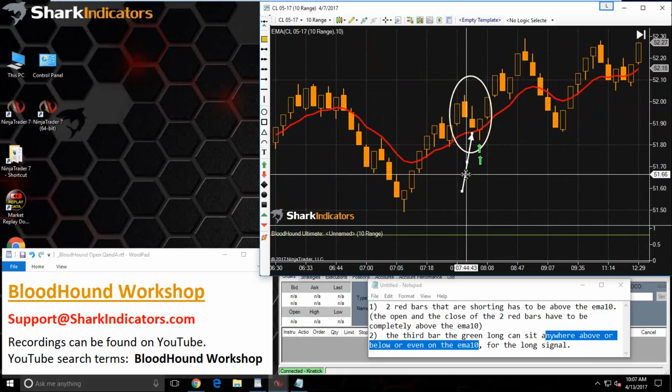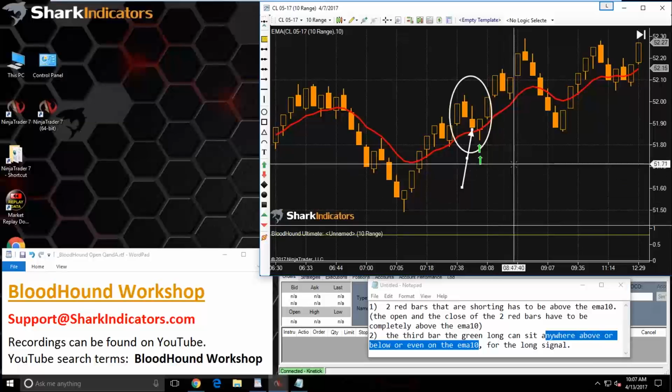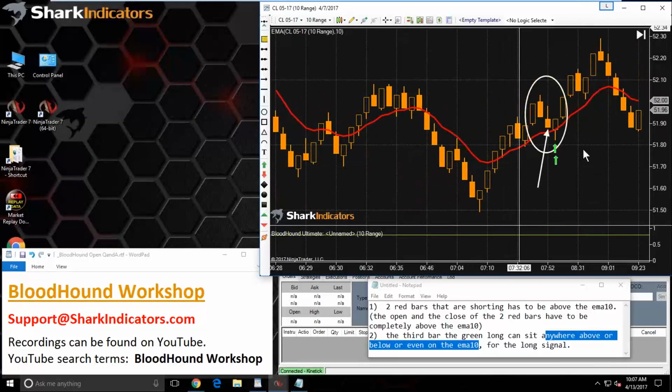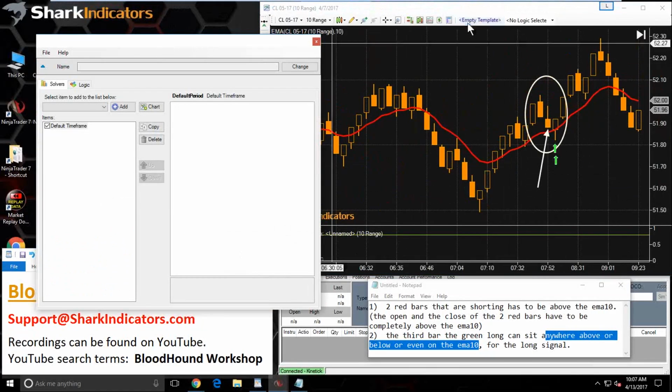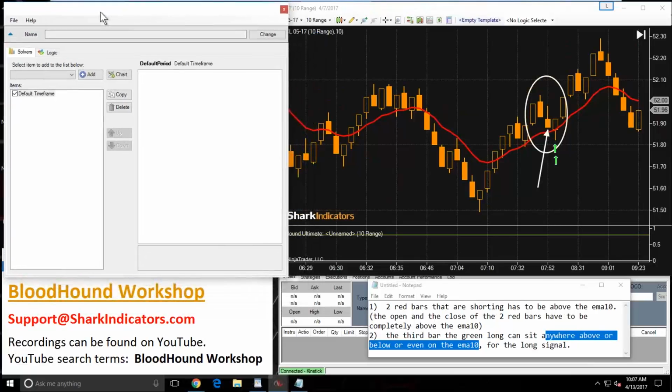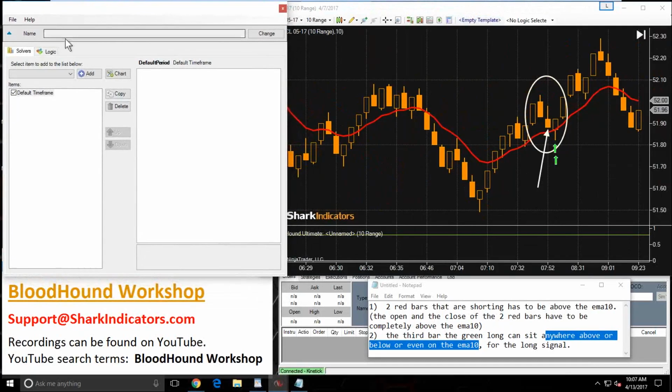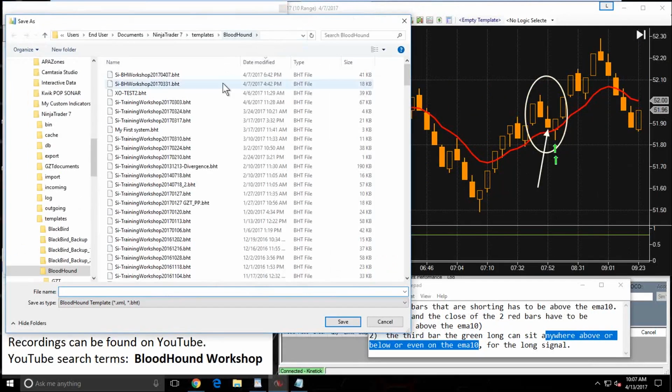All right, let's get started here. We'll open up BloodHound. I already have it on my chart. Let's put in today's workshop name. For any long-term workshop attendees, you'll have noticed I've changed the name of the workshop files.